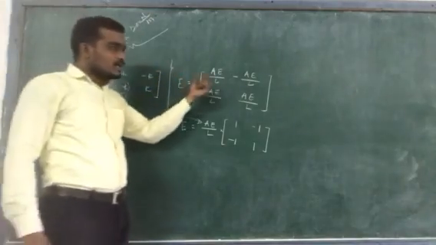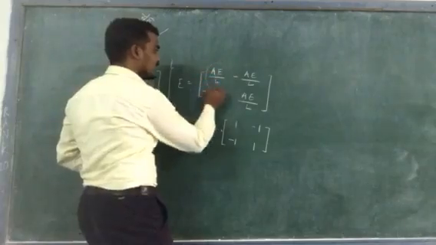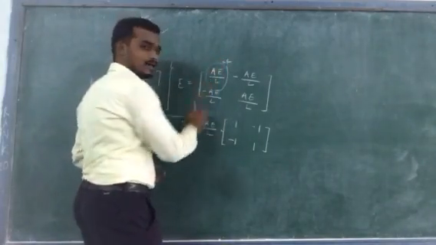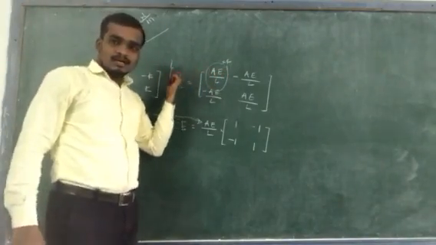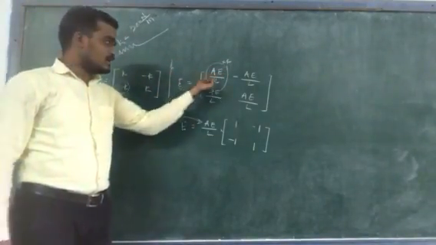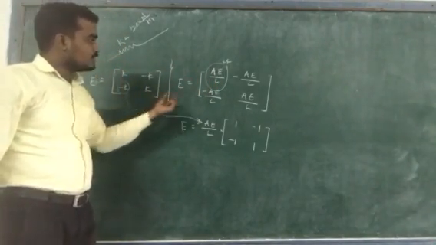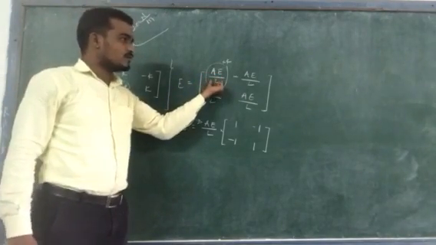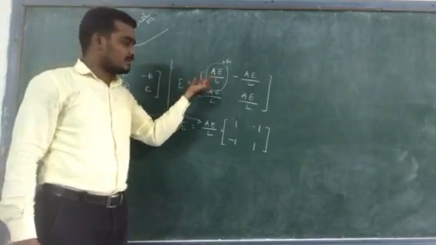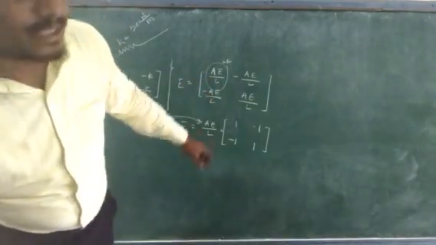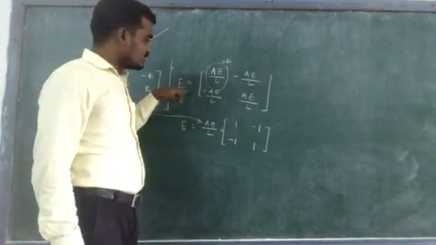But for a rod or bar element, you need to find K equal to AE by L, where A is the area of that bar element, E is the Young's modulus of that bar element, and L is the length of that bar element. This is the way to find the stiffness value for the elemental stiffness matrix for the rod or bar element. We derived this equation in our previous lectures.